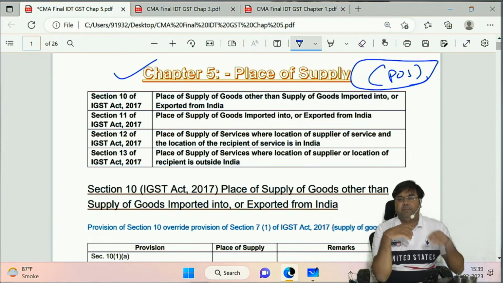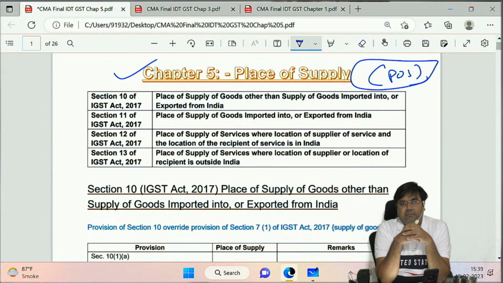Determination of place of supply becomes compulsory, because without it, how can you say that the revenue of this particular supply accrues to this particular state or union territory? So place of supply determination is very important.